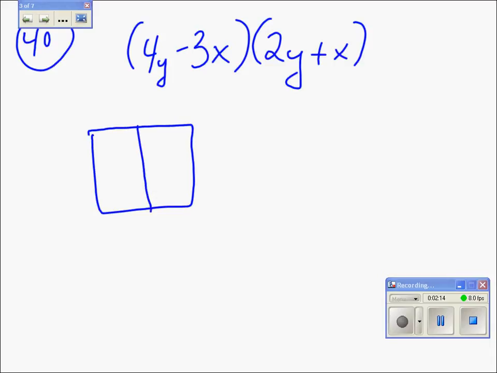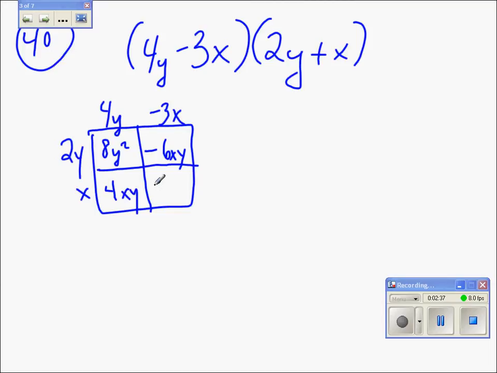Our method of multiplication was the exact opposite. It was using the generic rectangle but with length and width as opposed to actually finding the length and the width. So 4y minus 3x on top, 2y plus x on the side. Some of you might have put 2y plus x on the top too. That's great. If you multiply this out, you'll get 8y squared, negative 6xy, positive 4xy, and then in the bottom left, negative 3x squared.